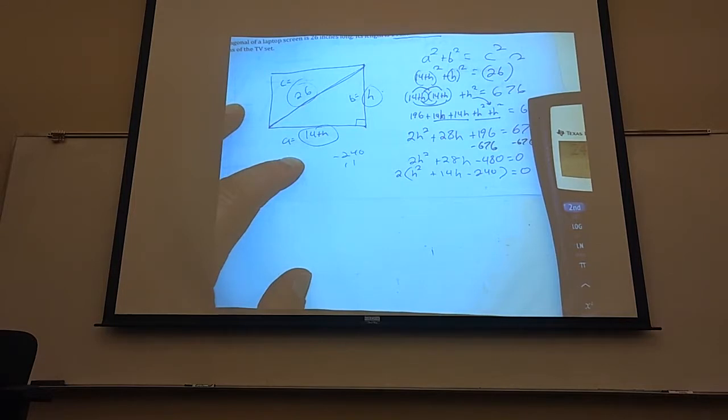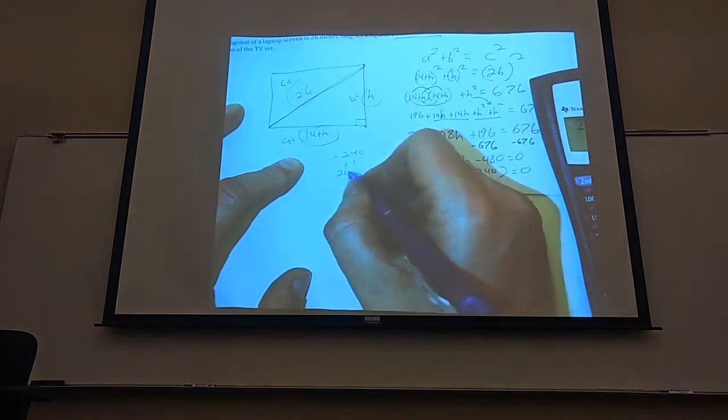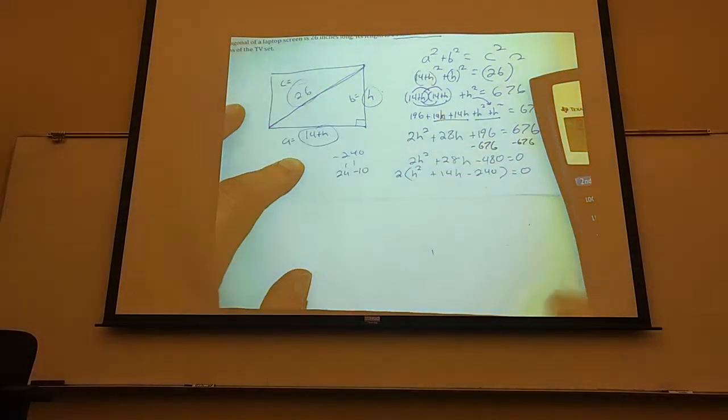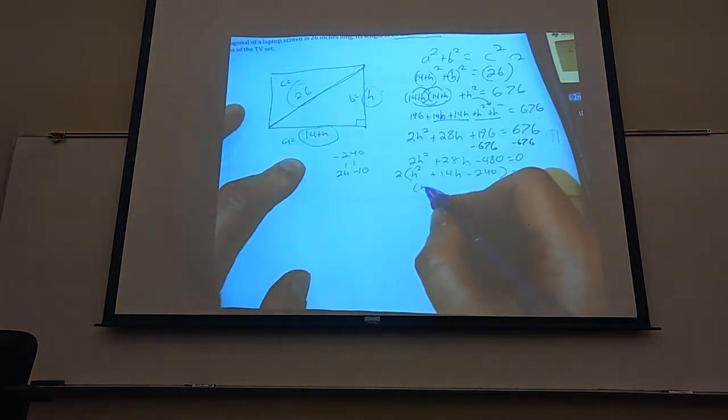What is it? That makes sense. So it's a positive 24 and a negative 10. Thankfully, those are our solutions.